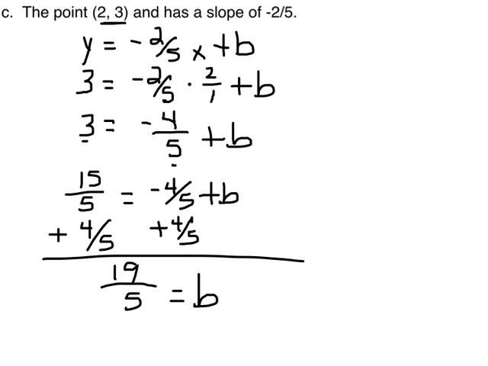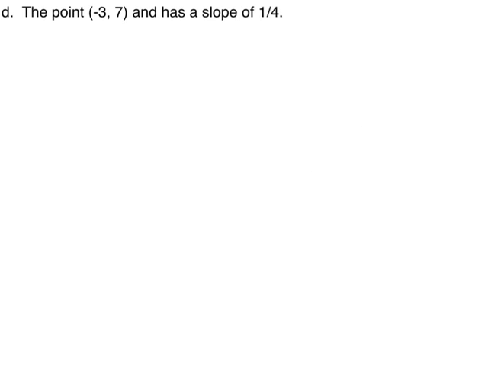So then now I can write the equation of the line. Y equals negative 2/5 x plus 19 over 5. And that's the equation of this new line. Let's do one more. Find the equation of the line that passes through the point negative 3, 7 and has a slope of 1/4.